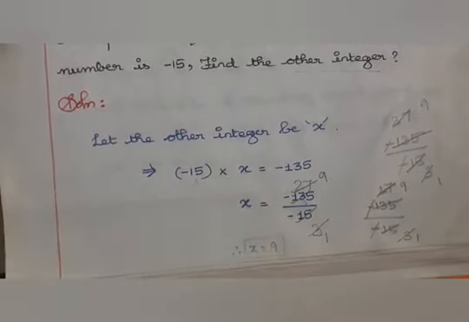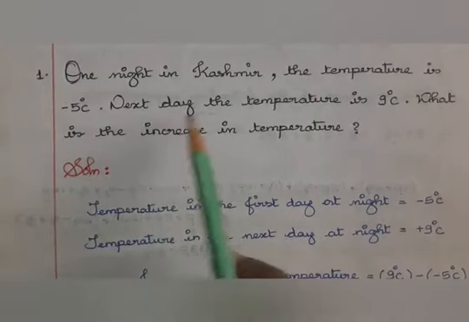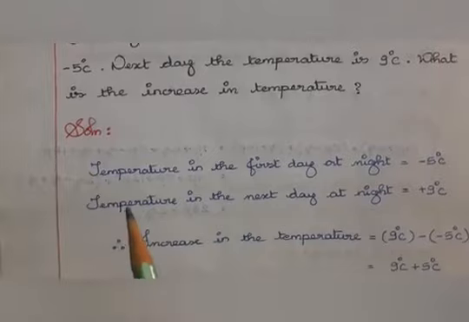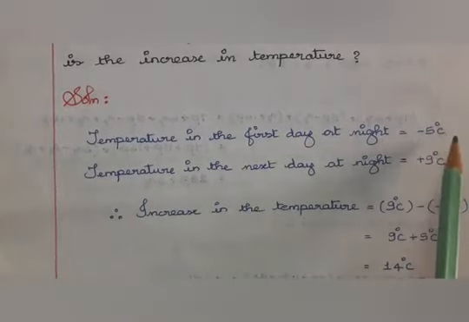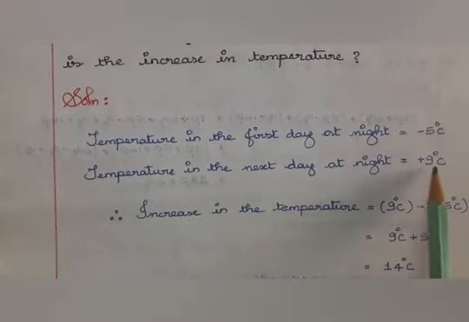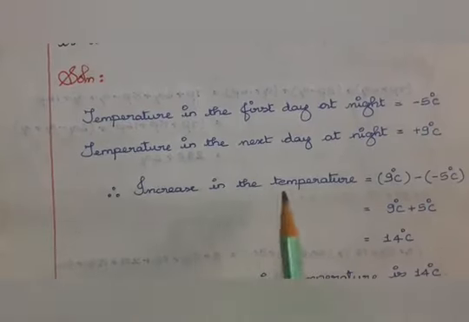Clear? Yes. So one night in Kashmir, the temperature is minus 5 degrees Celsius. Next day, the temperature is 9 degrees Celsius. What is the increase in temperature? Solution: temperature on the first night is minus 5 degrees Celsius. Temperature on the next day is plus 9 degrees Celsius. Now we have to see how much increase is there in the temperature.